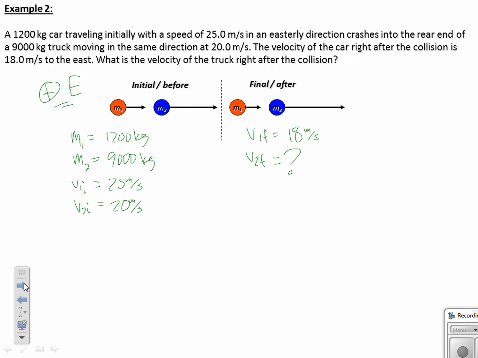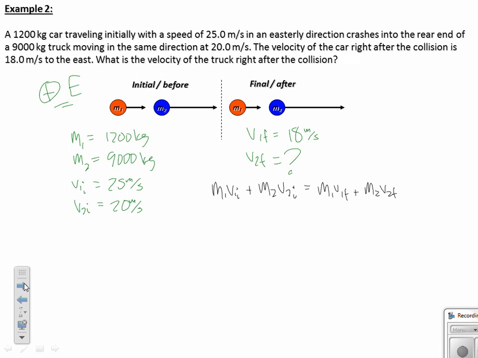If we stick with our standard method, M1 V1 initial plus M2 V2 initial equals M1 V1 final plus M2 V2 final. Nothing is just equal to 0 here, so no terms go.